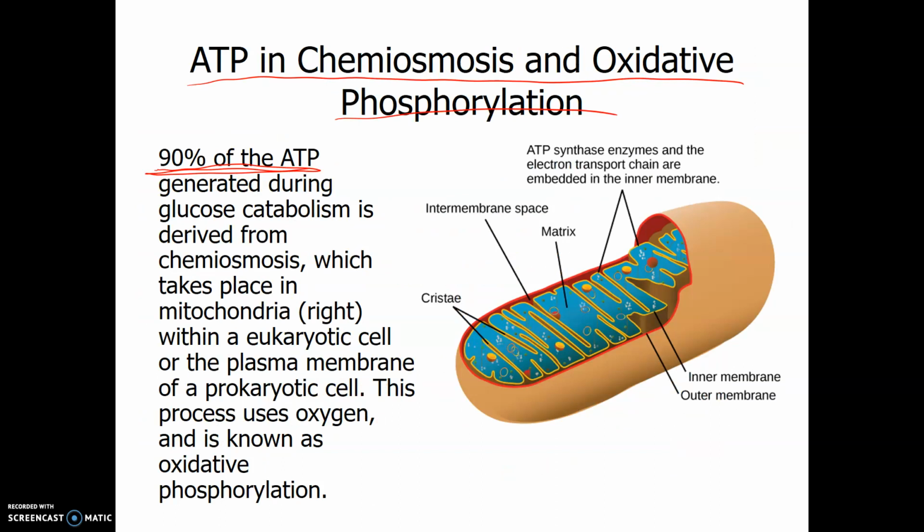So it says 90% of the ATP generated during glucose catabolism or cellular respiration is derived from chemiosmosis, which takes place in the mitochondria within a eukaryotic cell or the plasma membrane of a prokaryotic cell. The process uses oxygen, so it is known as oxidative phosphorylation, and it's going to involve an electron transport chain, an enzyme called ATP synthase, and hydrogen ions and electrons.